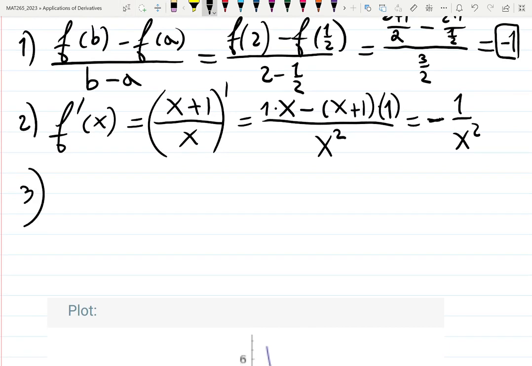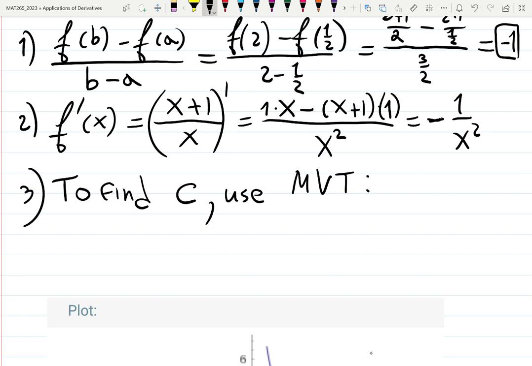Step 3. To find C, we're going to use the formula from the mean value theorem. Step 1, set it equal to step 2 and solve for the unknown.